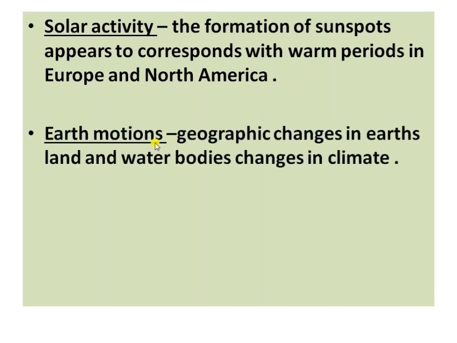Next is earth motion. Geographical changes in earth, land and water bodies change the climate. Here, a change in the shape of the earth's orbit and the tilt of the earth on its axis are other earth motions that affect our global climate.